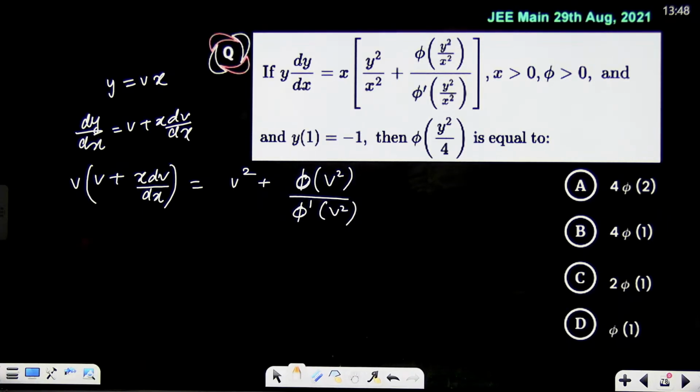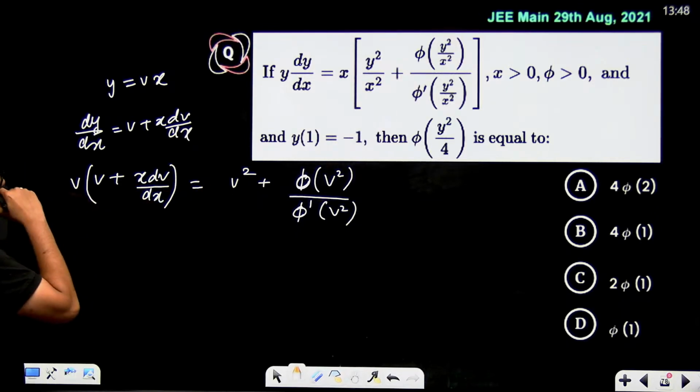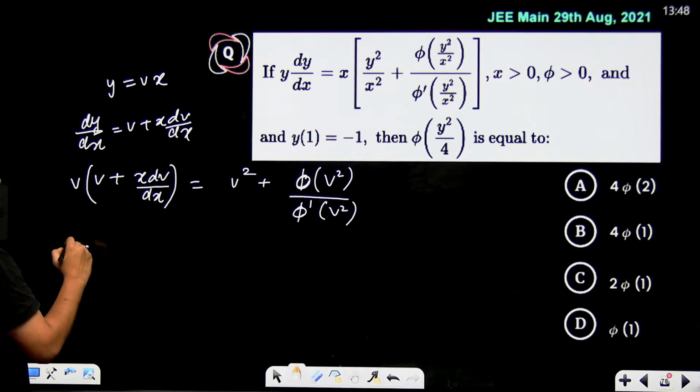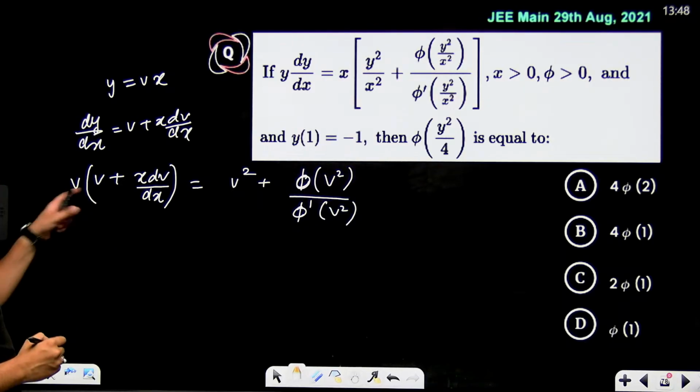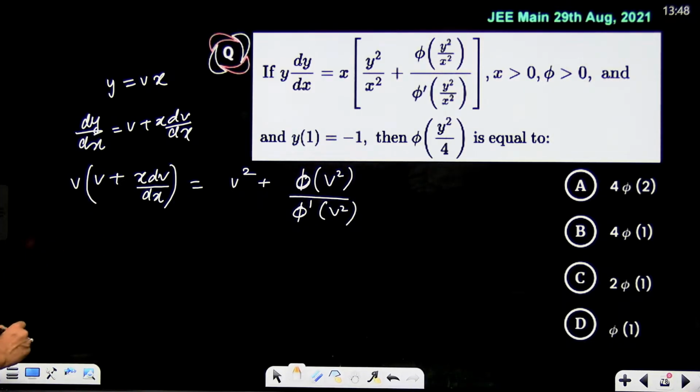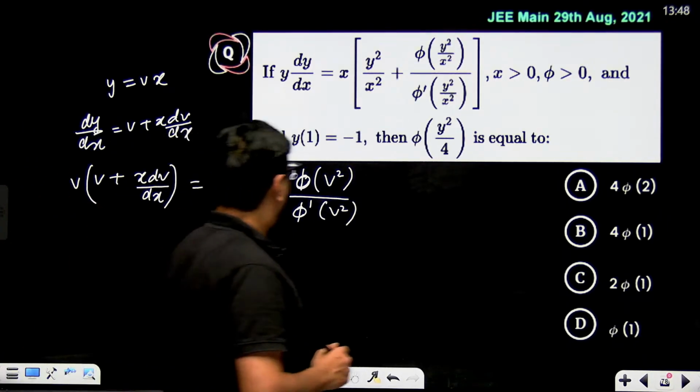Now we'll have to just arrange this. This side we are getting v square, this side also v square, so v square is getting cancelled. v will get cancelled on both sides.